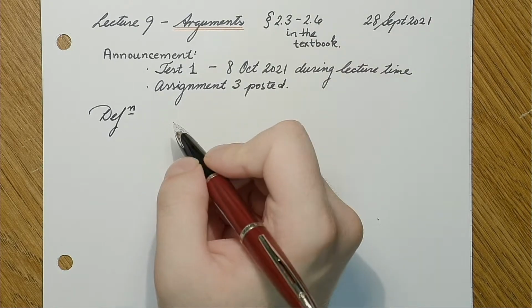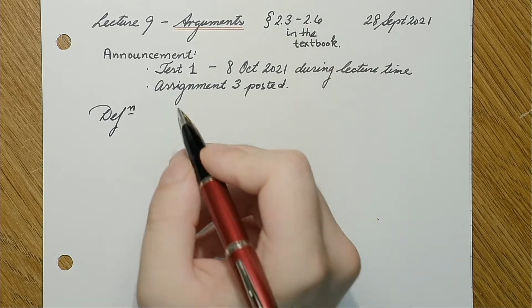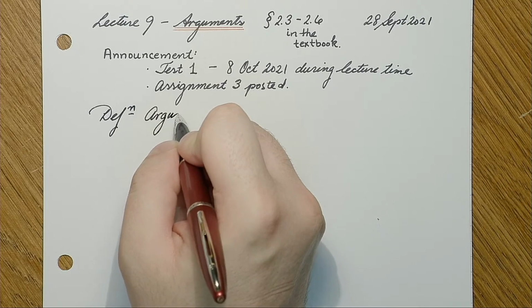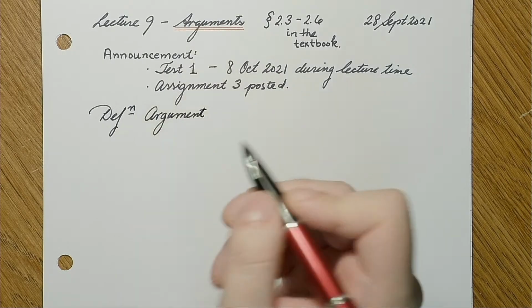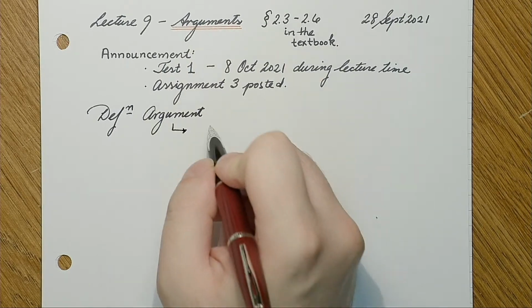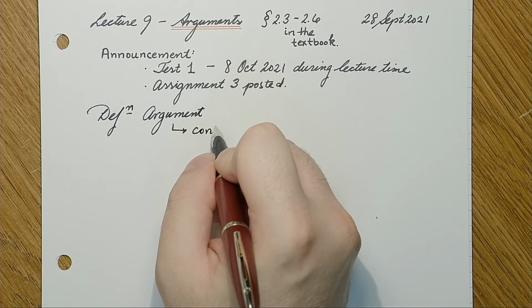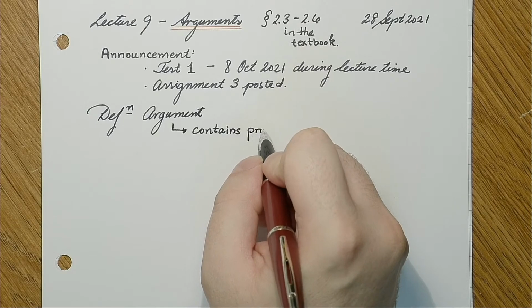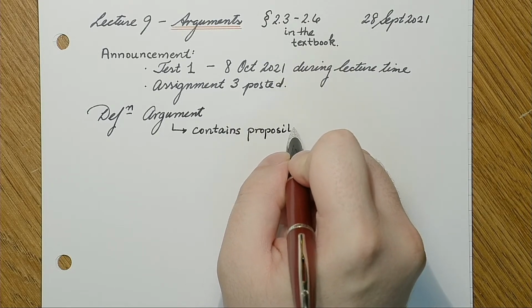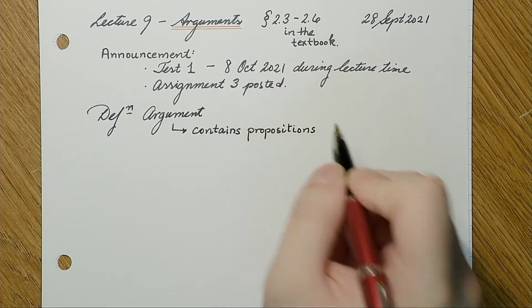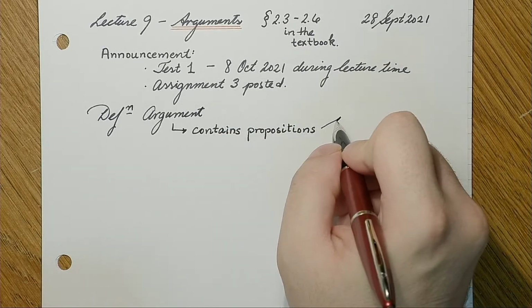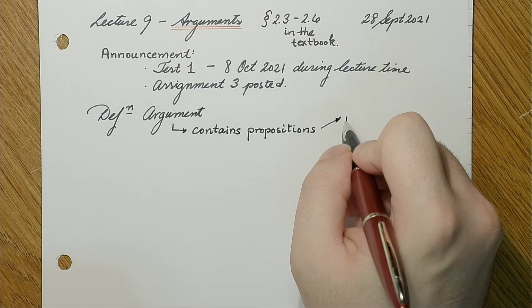And so what we'll do is we'll start with the argument. What is an argument? So an argument contains propositions. Okay, and these propositions we break down or label as premises.